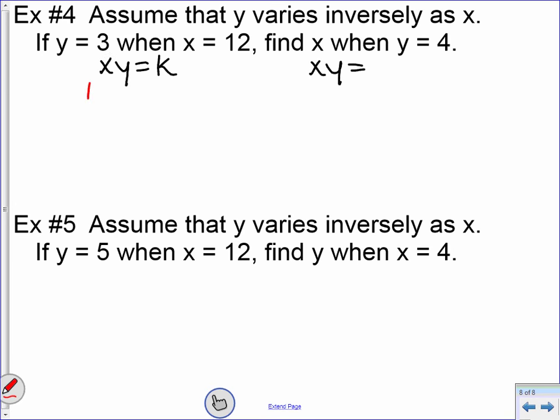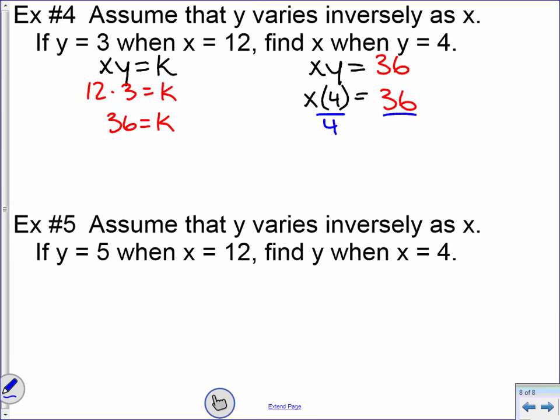So 12 is x, 3 is y. Multiply those together and you get 36. So I'm going to use that 36 over here. My x is x and my y is 4. If I divide by 4, I will get x equals 9.